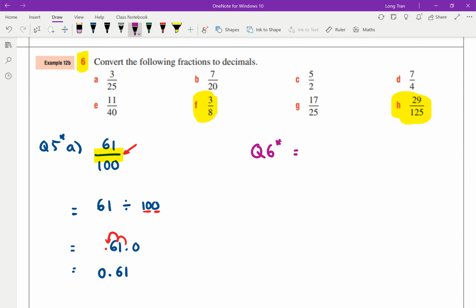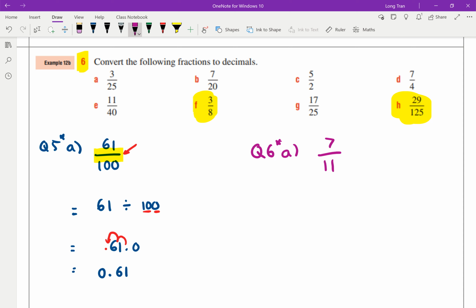Say I gave you 6a, and I'm going to write the question as, what is 7 over 11 as a decimal? Now the others are easy because you can convert them all into hundredths and you can do what you've done in question 5. But how do you convert 7 elevenths into a decimal?